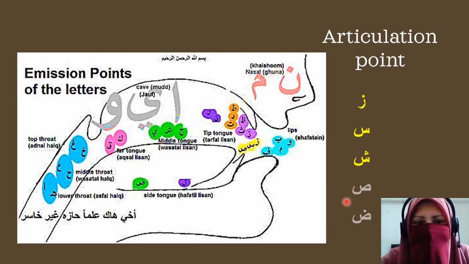Next, we have the letter sod. The letter sod is in the same area as zai and sin. That means the tip of your tongue touches the front two lower incisors. But it has got something extra, that is the back of the tongue touches the roof. So your tongue is in a curled position, like this.